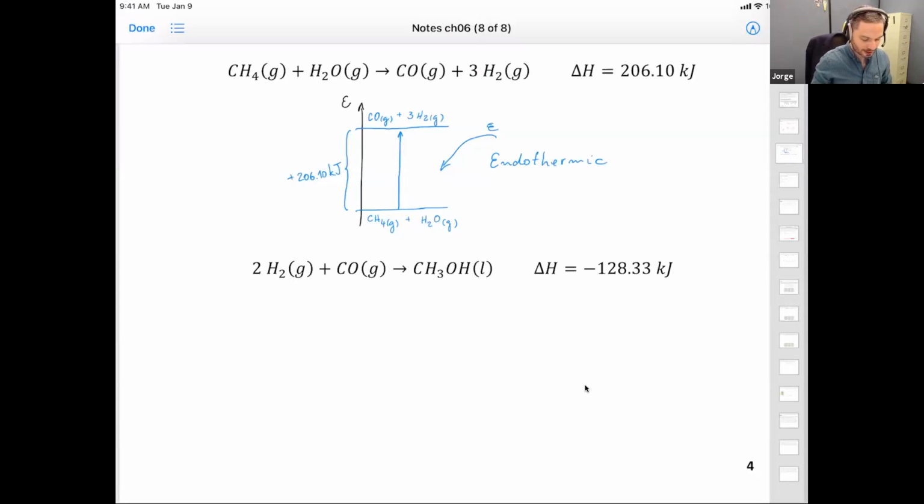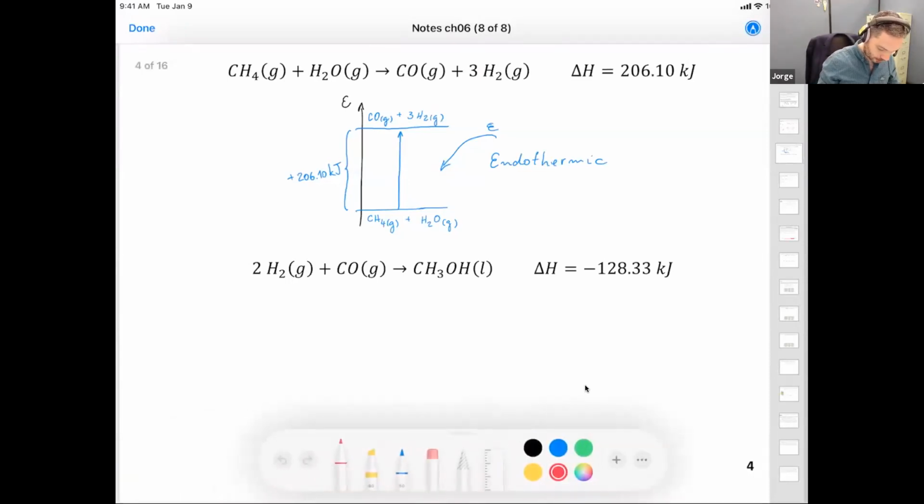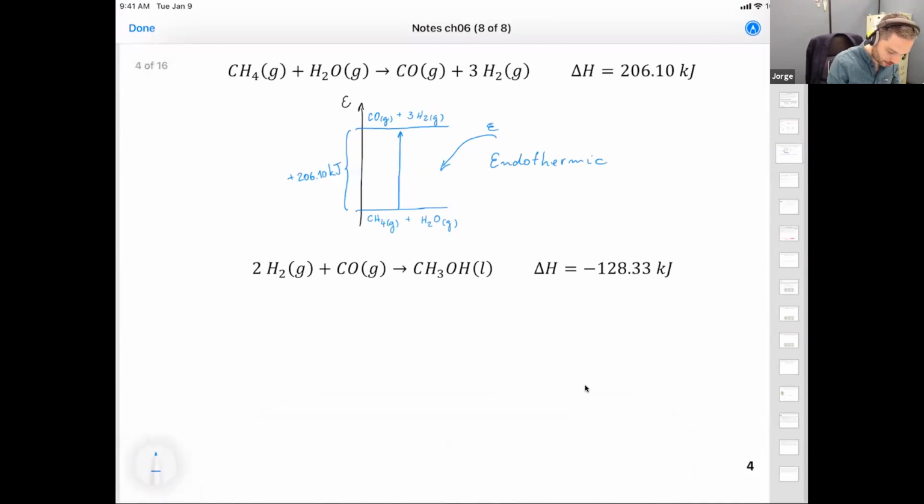The first example here was for an endothermic reaction. We know that this reaction is endothermic because delta H is positive. So the reaction at the end needs energy to progress.